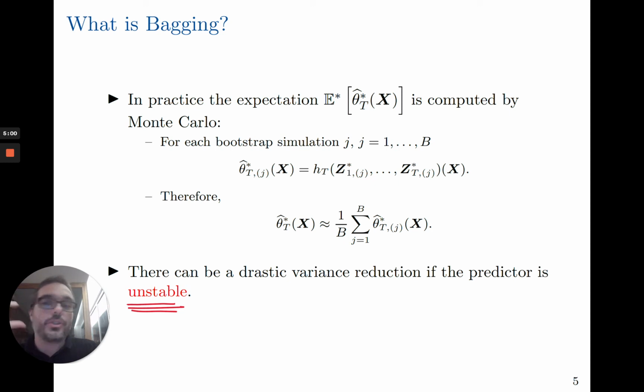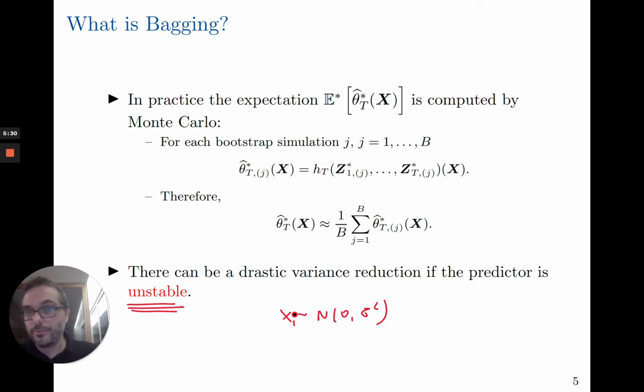What's the intuition behind that? Imagine that you have variables with the same variance. So let's define a variable X_i, which is normal with mean 0 and variance sigma squared.